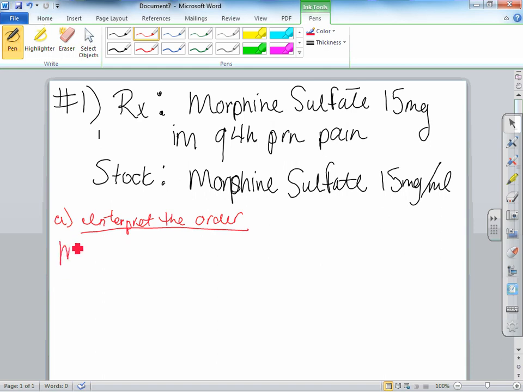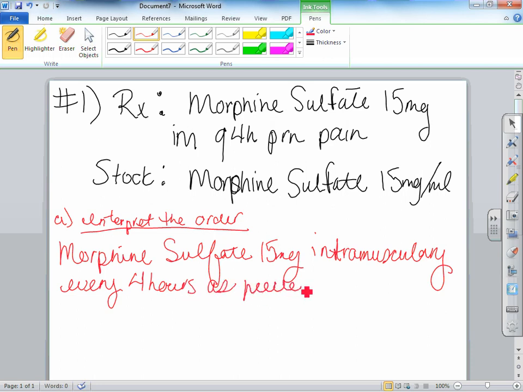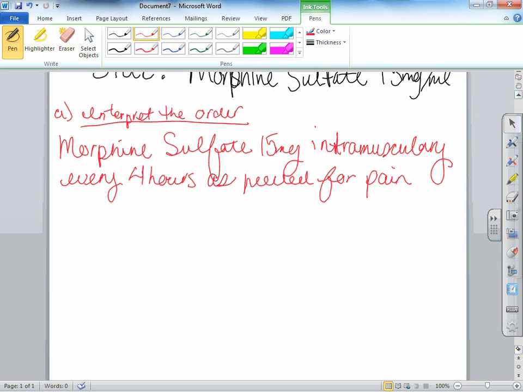So I interpret this order to read morphine sulfate, 15 milligrams intramuscular, every 4 hours as needed for pain. That's what I interpret the order to read.